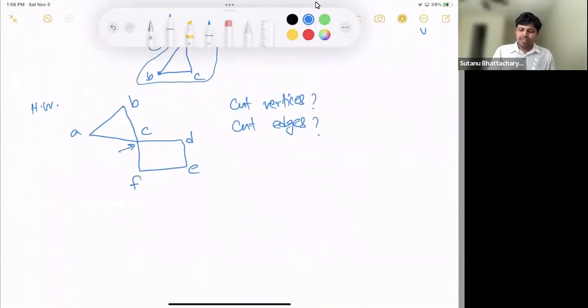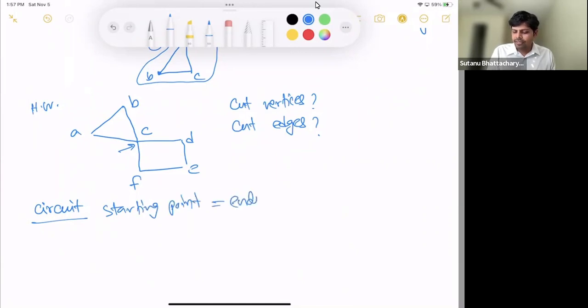Okay. So we have learned path. Path is nothing but, like, from A to E, there is a path via C and D or C and F. There should be a path in a connected graph between every pair of vertices. Similar to path, there is also a circuit. A circuit is the same as a path, the only difference being that the starting point equals the ending point.